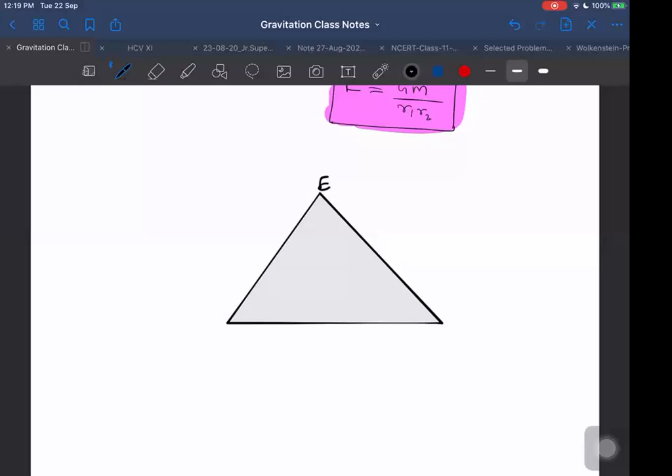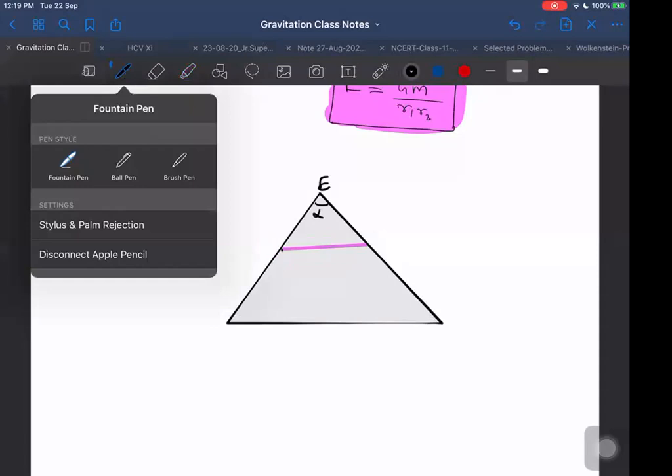Let us find the field here. What is the formula for field due to some element? Let us take one thin element in between, not such a thick element. First of all, what is the formula for the rod which is making an angle alpha? What is the formula for net field?